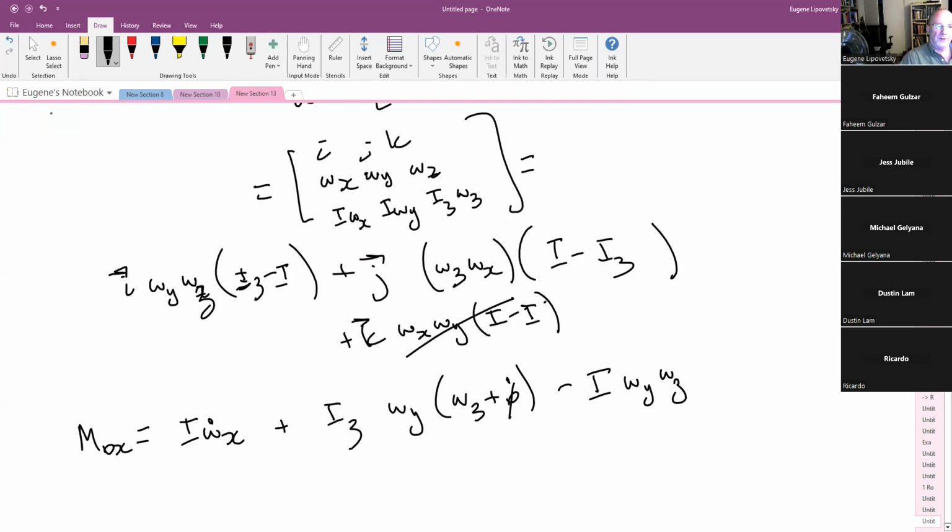Well, the reason for this is this is the frame thing, right? The omega z plus phi dot, right?